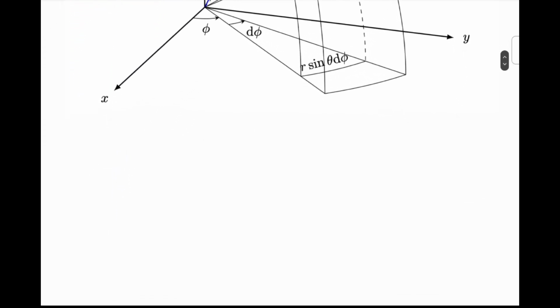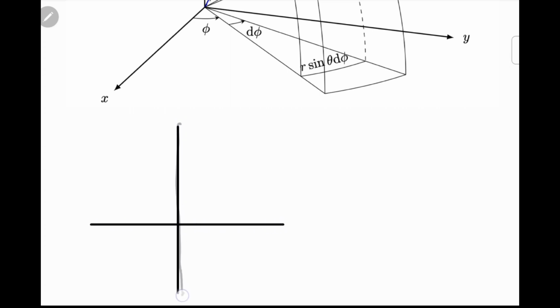So for example, let's consider the conversion of Cartesian coordinate into polar coordinate that is used to calculate the area of a disk, or the area of a circle of radius r.